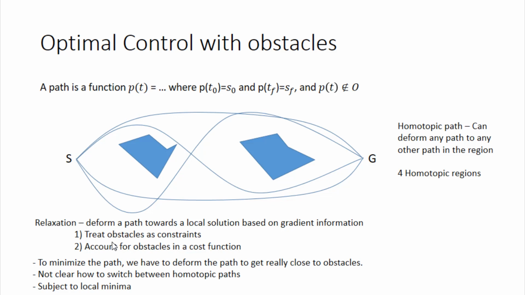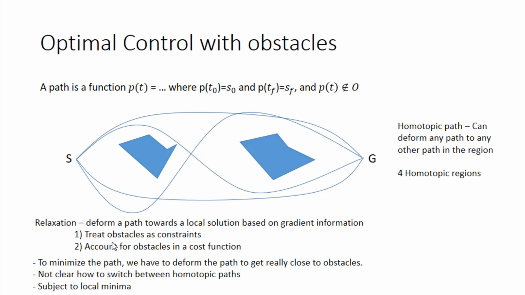So if we get close to the obstacle, then we would start considering that obstacle, and we would say, oh, we want to move away from that obstacle, or maybe we want to move closer to that obstacle. We would also consider the feedback from the robot. So is our robot moving in the correct way that we want it to move? That would be mostly the gradient information, and then the local solution is how we change our path based on the obstacle and feedback information.